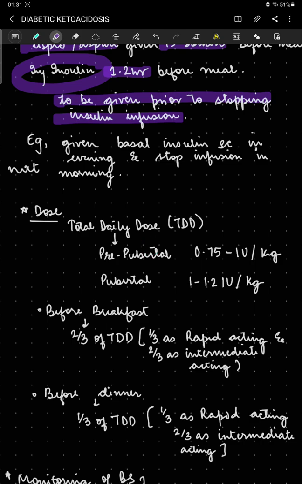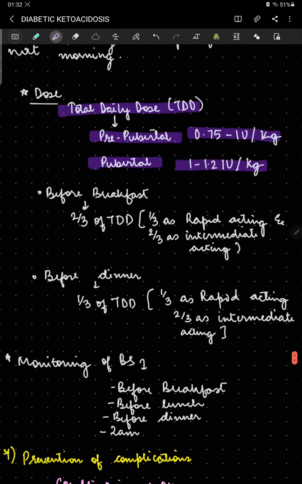Now coming on to the dose of insulin, the TDD, that is total daily dose, in prepubertal babies and in pubertal babies. In prepubertal baby, it is 0.75 international units to 1 unit per kg per day. In case of pubertal, it's 1 to 1.2 units per kg per day. Before breakfast, you have to give 2/3 of this total daily dose, and the 1/3 goes after dinner.